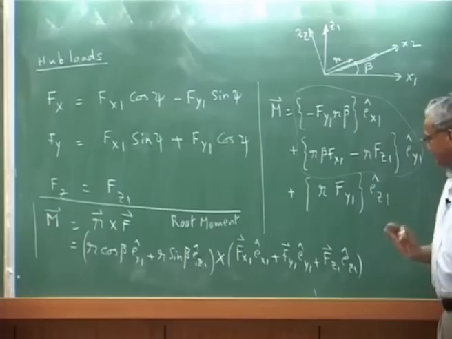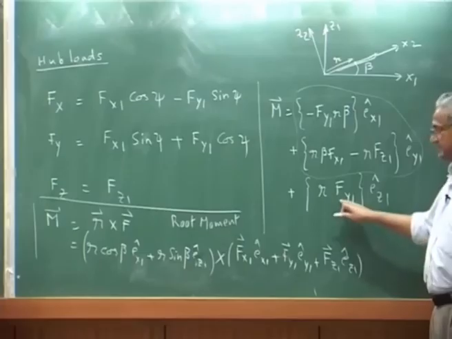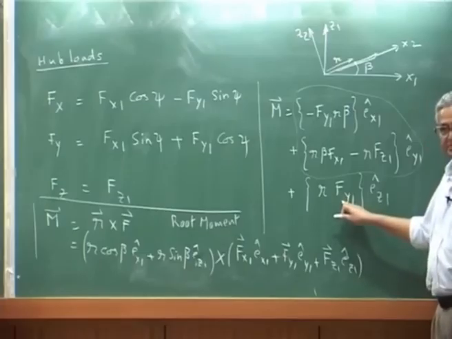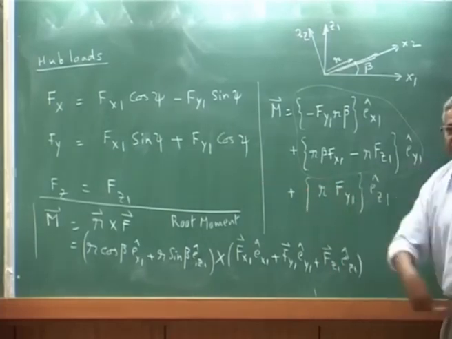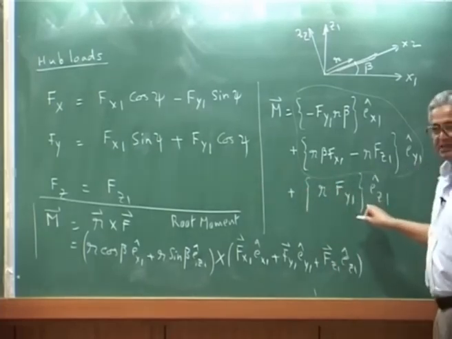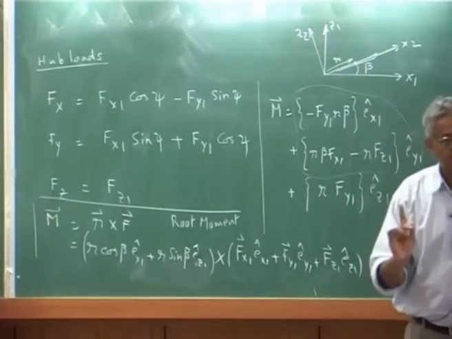Let us first take only Ez1, because this is the drag force, and this is my position. So, that is going to give a torque, and you know that Ez1 is same as Ez.